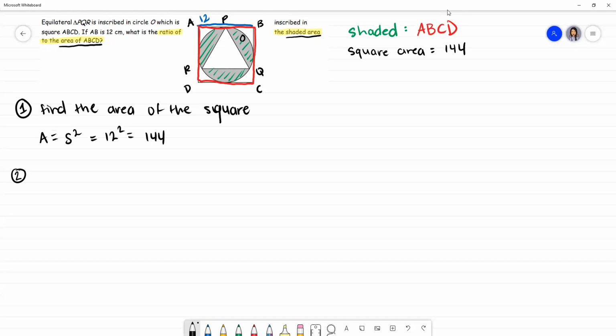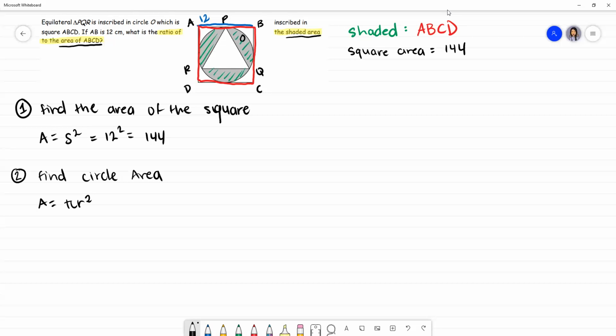So our second step would be to find the area of the circle. And that's also pretty easy because the area formula is pi r squared. But we don't know the radius. But because the circle is touching the edges of the square, we can just take 12, which is technically our diameter, and divide it by 2 to get the radius, r.